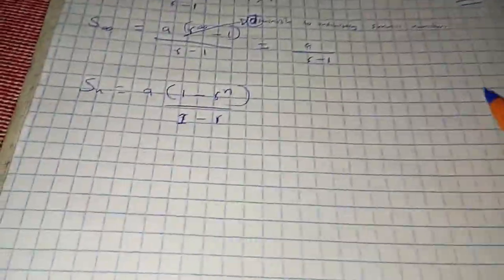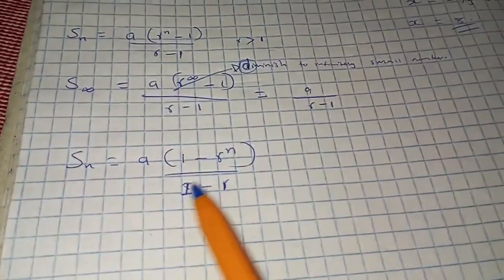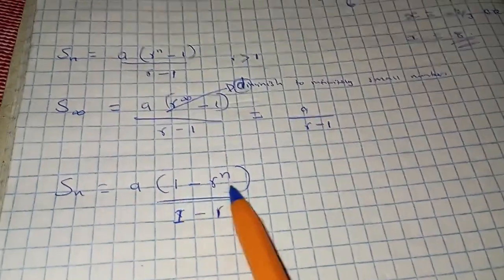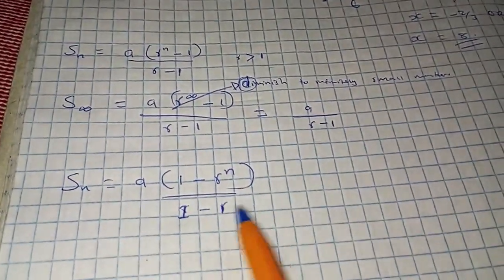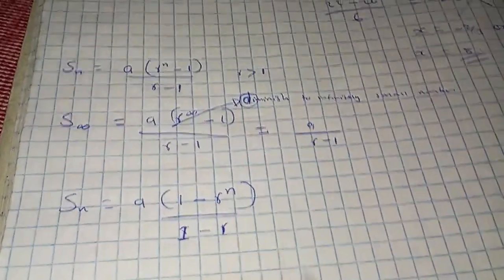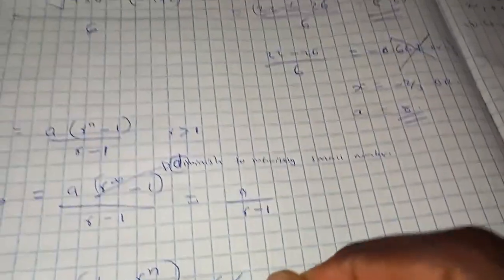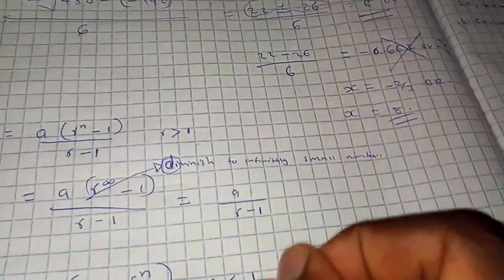If r is less than 1, the sum of n terms is given by a times 1 minus r to the power n, divided by 1 minus r.